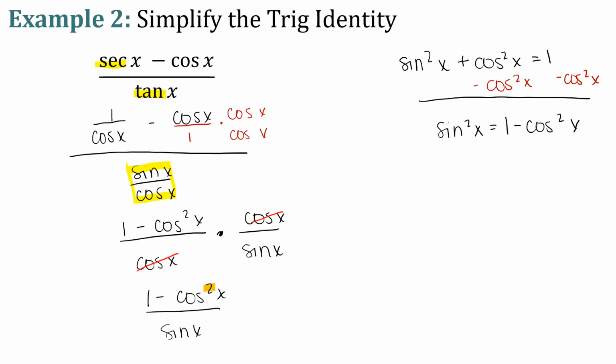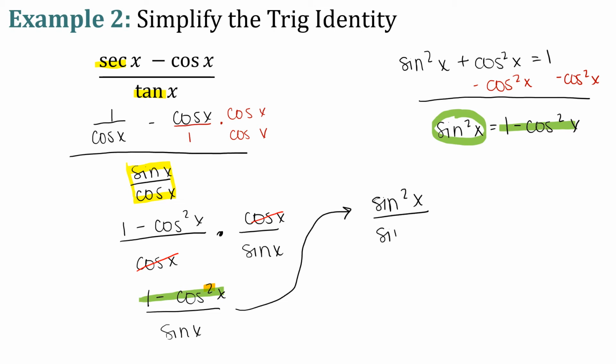Now looking at this, I see that this is exactly what I see in my problem, meaning I can replace my problem with sine squared x. So now I have sine squared x all over sine x. Just like if I had x squared over x, that would simplify to x. This also simplifies to simply sine x. So that is that identity simplified all the way.